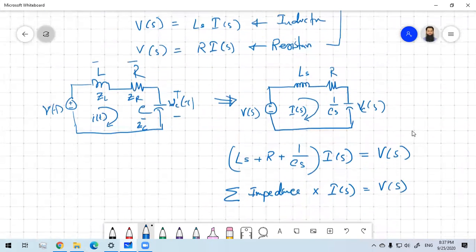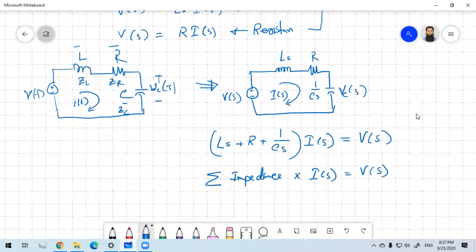Or directly convert the circuit parameters like LRC into their corresponding impedance, and the voltage and the current also into the Laplace domain, and then just simply applying the summation of the impedance into the current in the loop, you can find out the voltage of that loop. So the idea is very, very simple. Okay, so now we have seen the thing in terms of mesh analysis for a single loop.